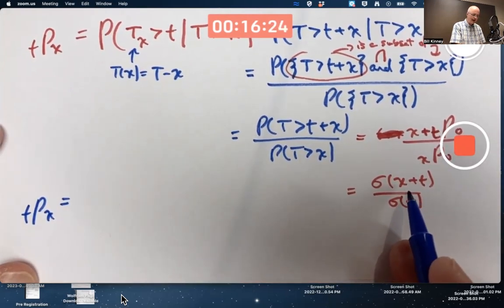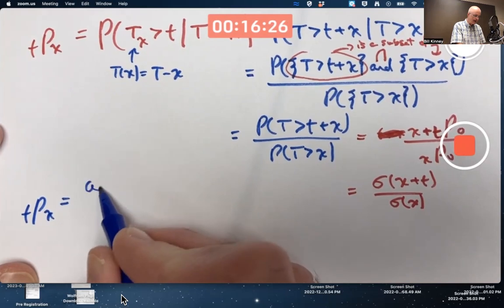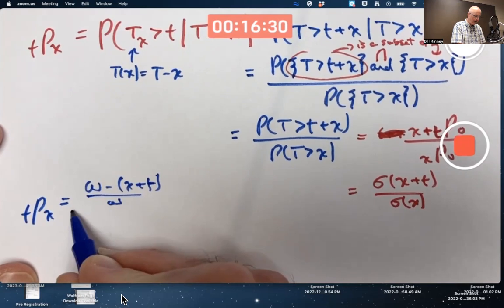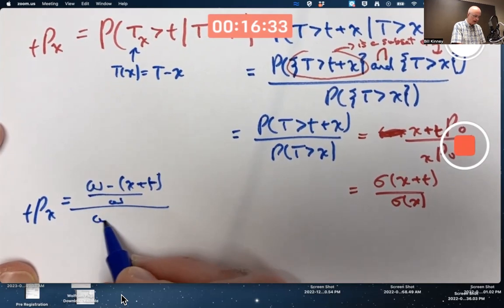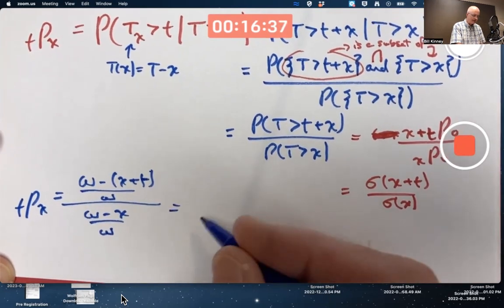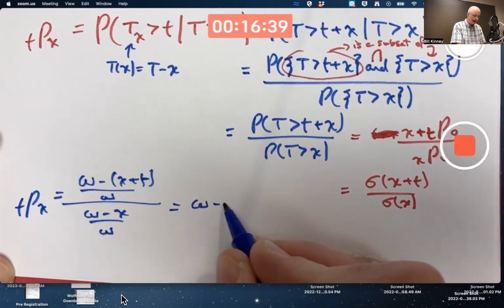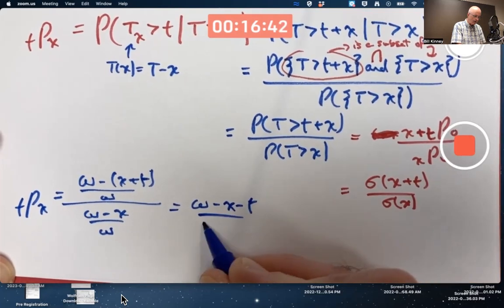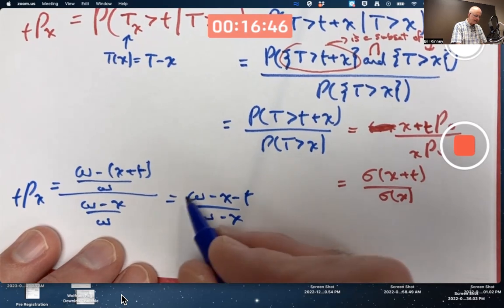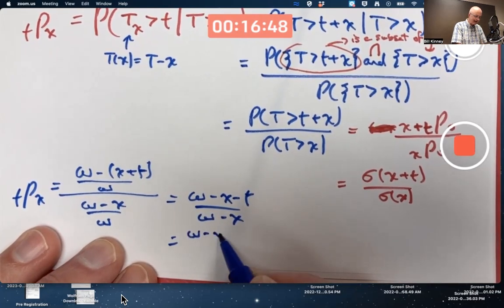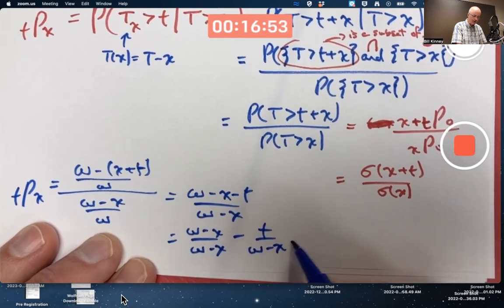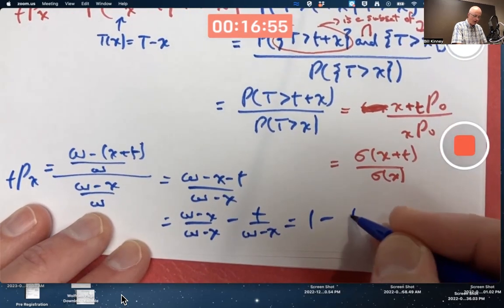Replace t with x plus t, and I'll get omega minus x plus t over omega, all over omega minus x over omega. Those omegas will cancel, leaving me with omega minus x minus t over omega minus x. Probably better to split this into two fractions, omega minus x over itself, minus t over omega minus x, which simplifies to 1 minus t over omega minus x.